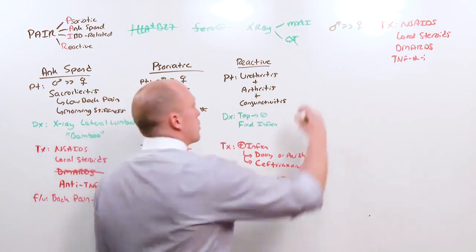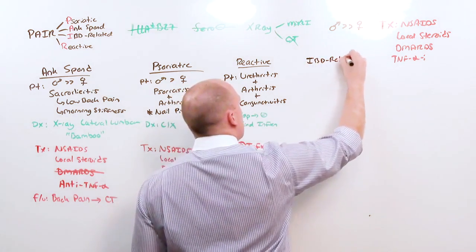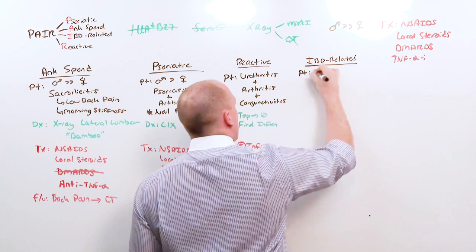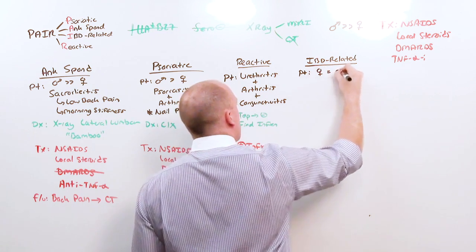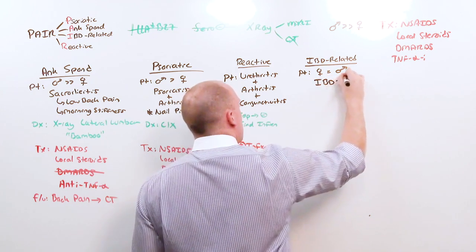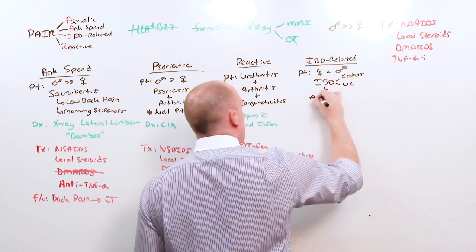We close out with inflammatory bowel disease related. This is enteropathic. This is the only one where men are affected equally to women. And of course, they're going to have some inflammatory bowel disease. That means either Crohn's or UC, plus arthritis.